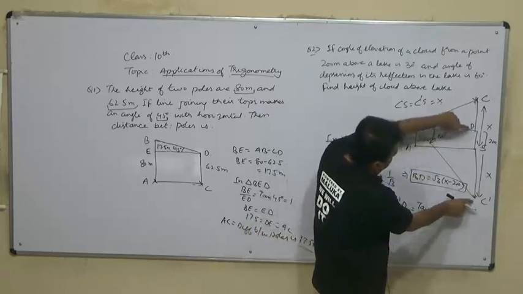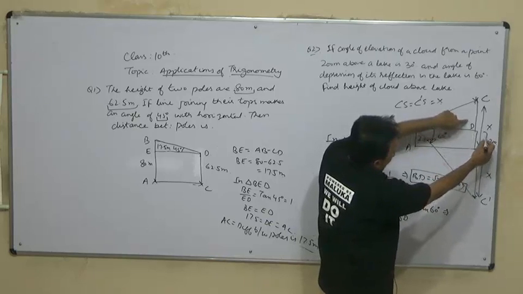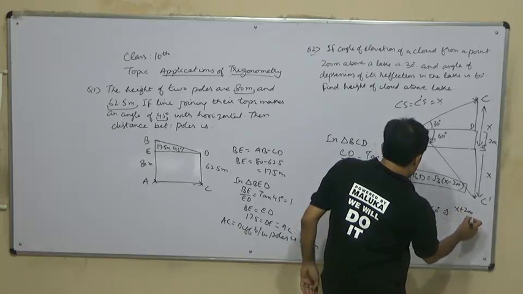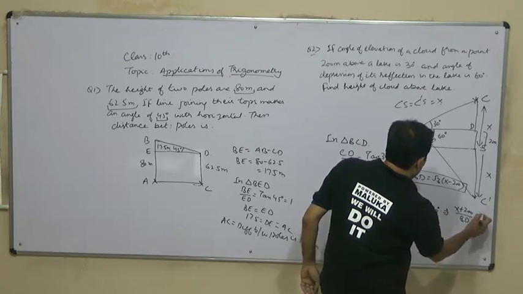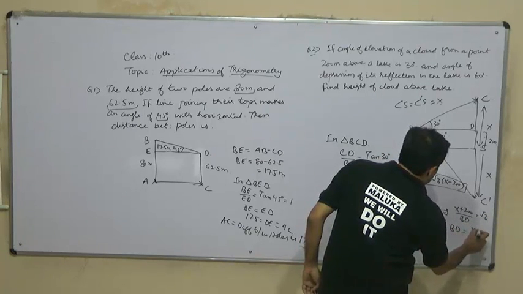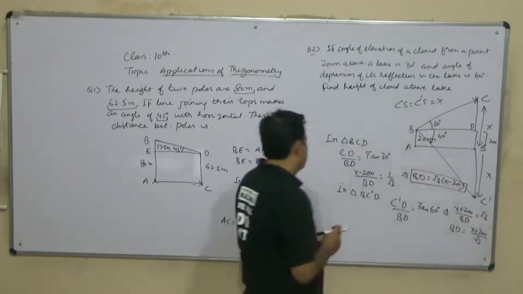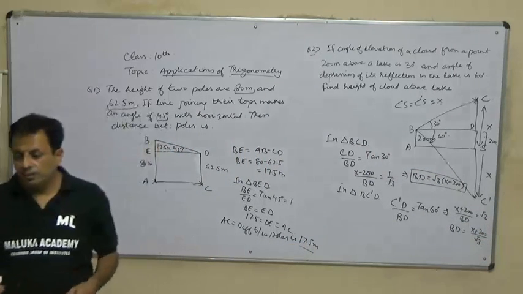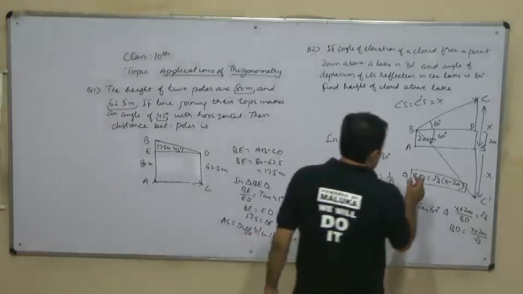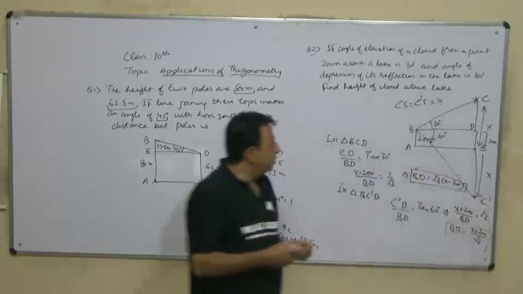This is CS plus SD, that is X plus 200. So X plus 200 upon BD is equal to root 3, or BD is equal to X plus 200 upon root 3. So these are two values of BD, and BD is the same in both cases.